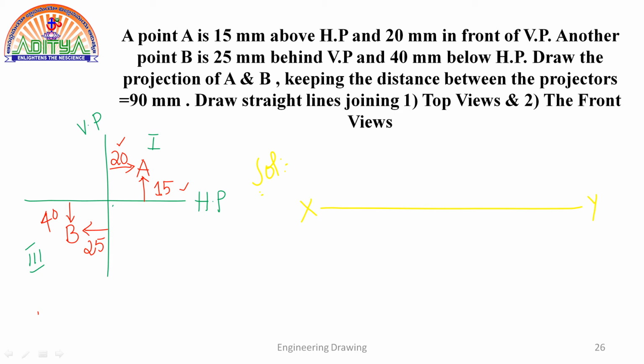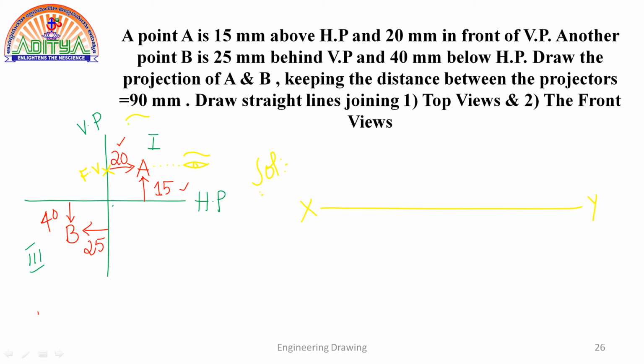Now first we will draw projections of point A. So this is point A. If you are seeing this point from front view, then on which plane is the front view projected? On vertical plane the front view is projected.